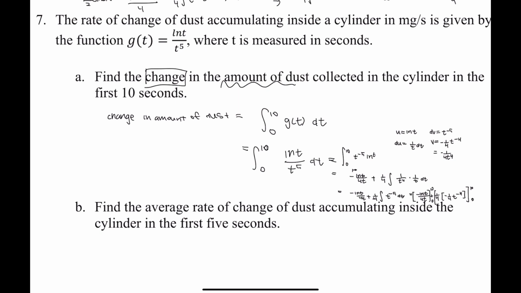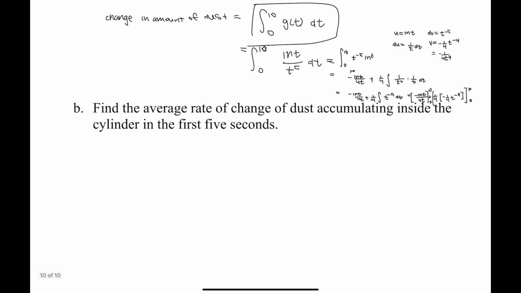So you would have to add a certain value to this, because the integral just represents the change in the amount from t equals 0 to 10. Because that was what the question was originally asking, this was the only thing we needed to do. But if it asked for the actual amount of dust, then you have to add the original amount plus the change so that you can get the amount of dust collected. Okay, just a little clarification.